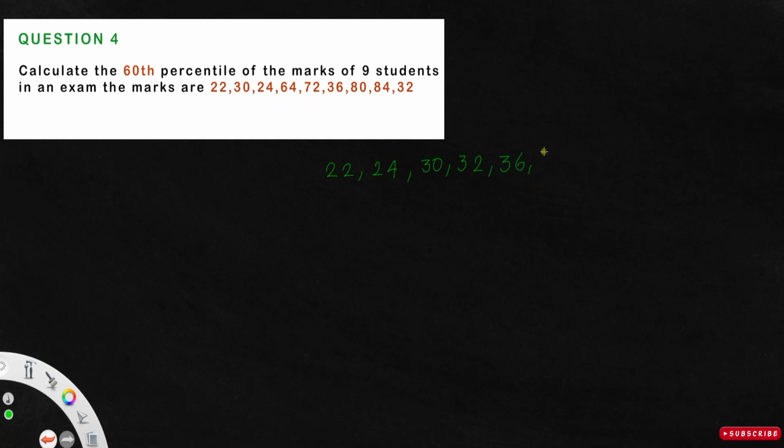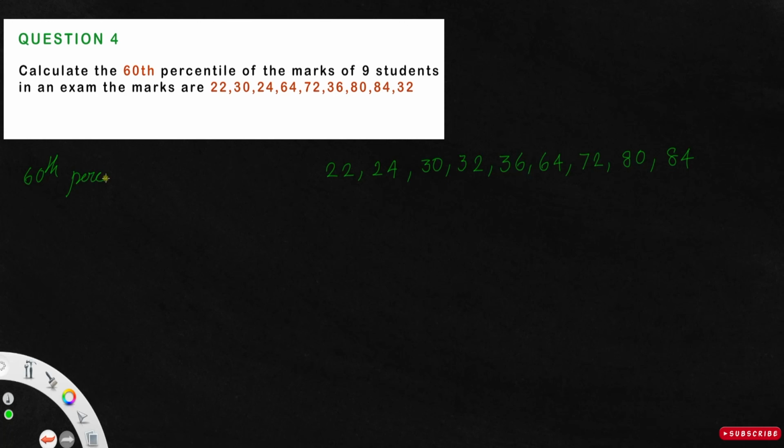After that we have 64, then 72, then 80, 84. So we have nine data points. Clear?